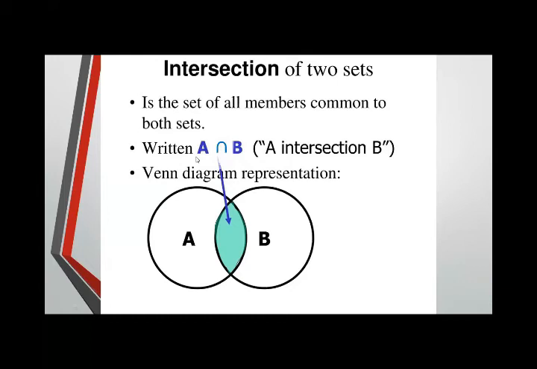It is written as A intersection B. This symbol is used for intersection and it is read as A intersection B. Now here is the Venn diagram representation. Firstly, we draw two circles for both sets. The first circle is for set A, the second circle is for set B.